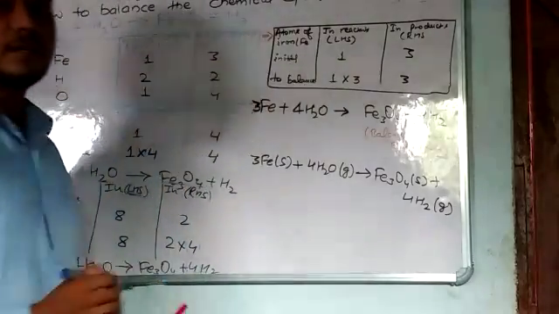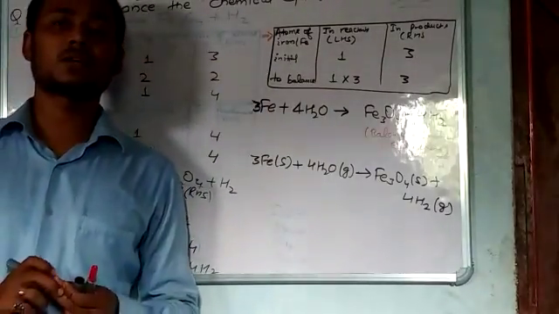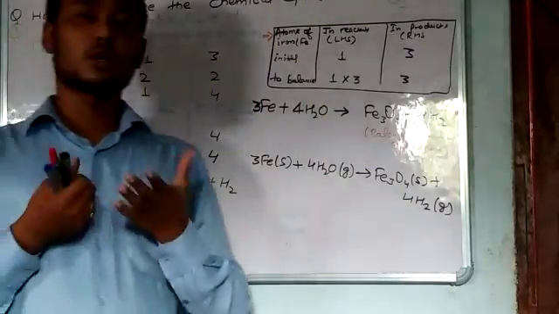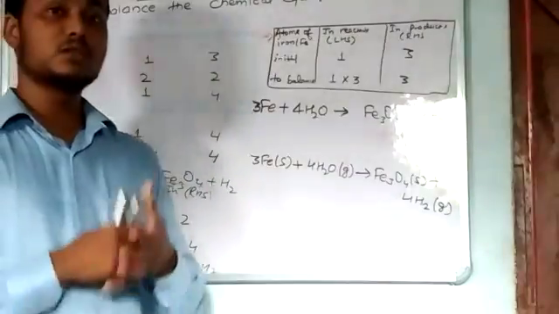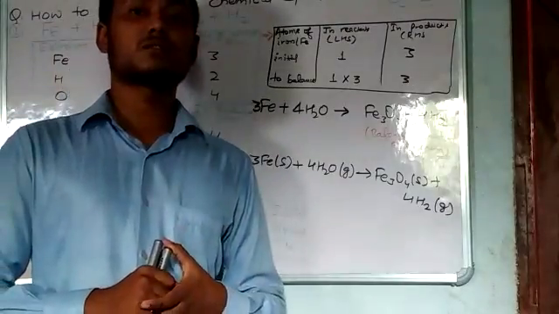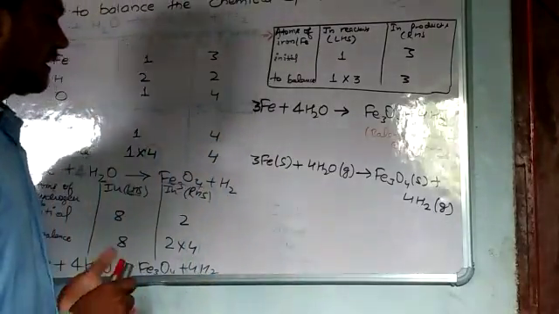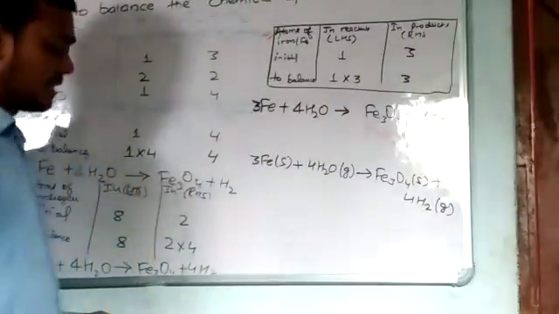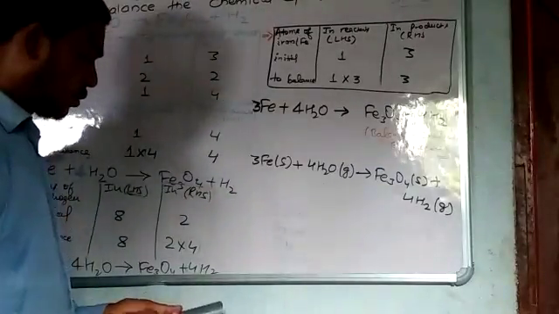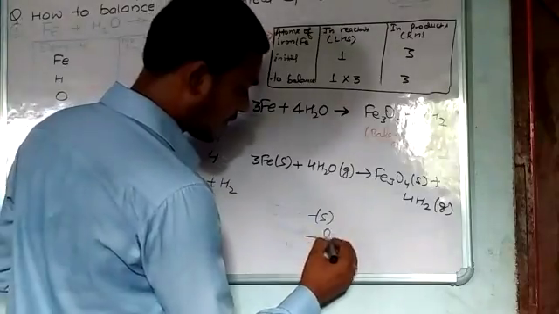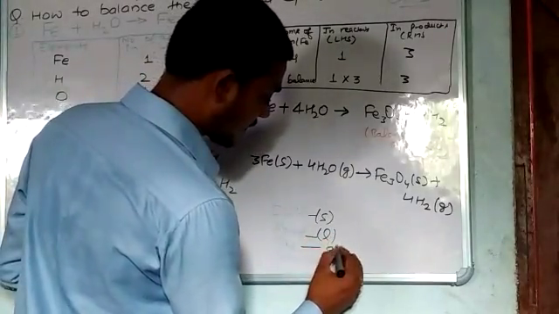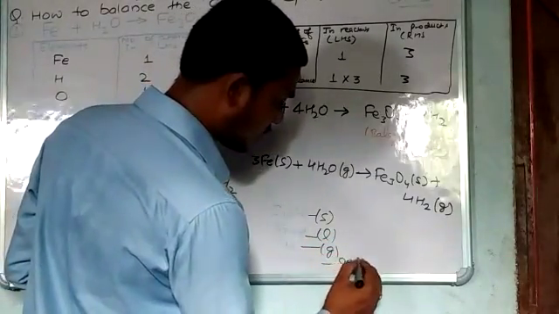What is aqueous? When the given element or compound is in a soluble state, soluble solution, dissolved in any solvent like water, then it is said to be aqueous. Then we denote solid this way, liquid this way, gas this way, and aqueous as AQ.